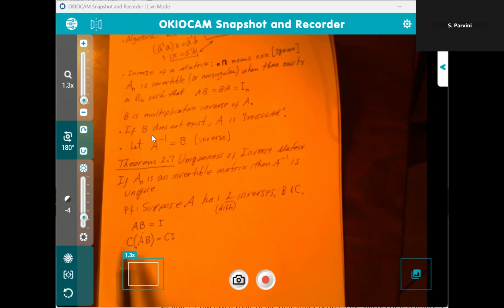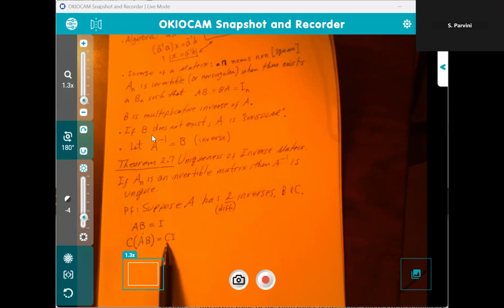It has to be done in the same direction. So if I pre-multiply, I have to pre-multiply here, which is what I've done.